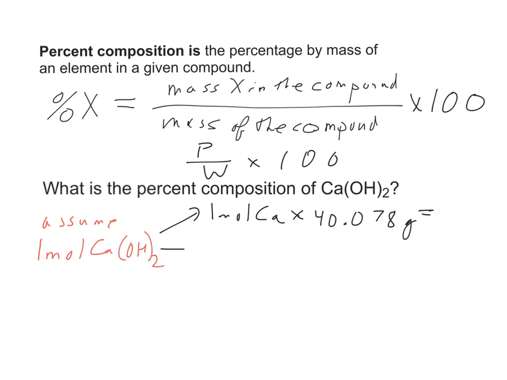Then I'm also going to have 2 moles of oxygen in 1 mole of calcium hydroxide, right? See my little 2 there? So 2 moles of oxygen, according to my periodic table, each are going to have a mass of 15.9994 grams.